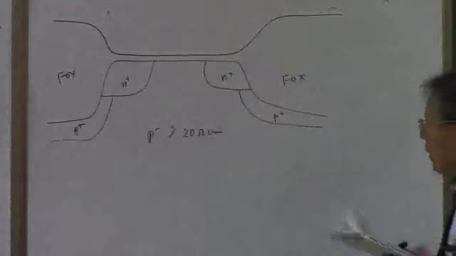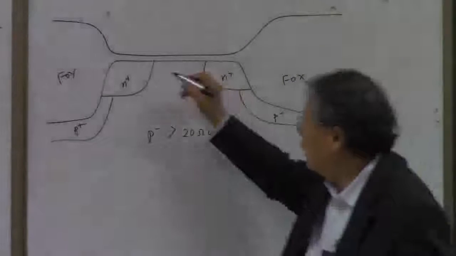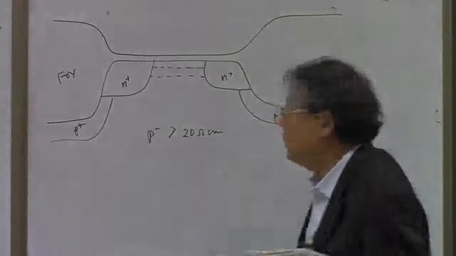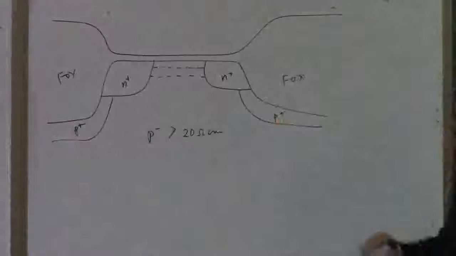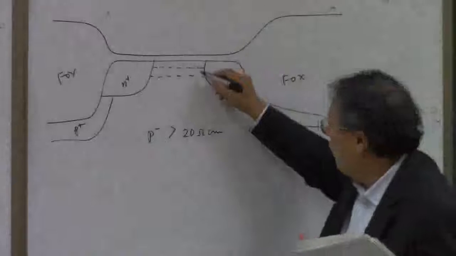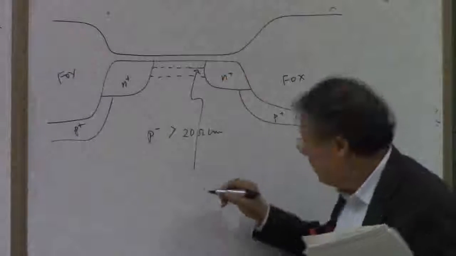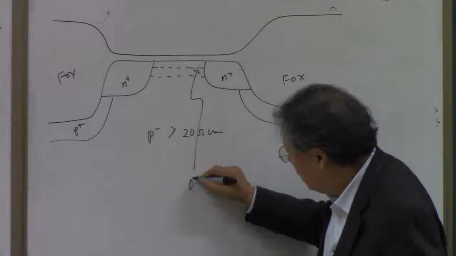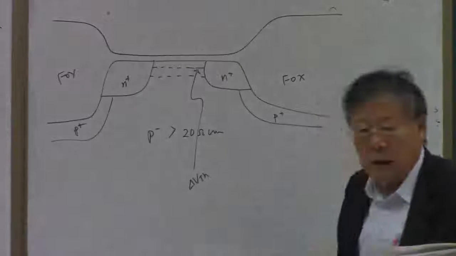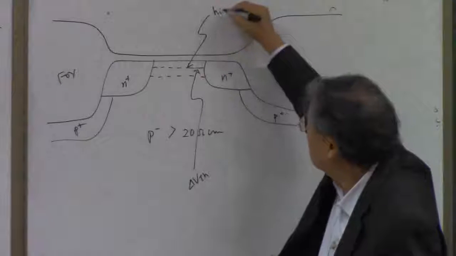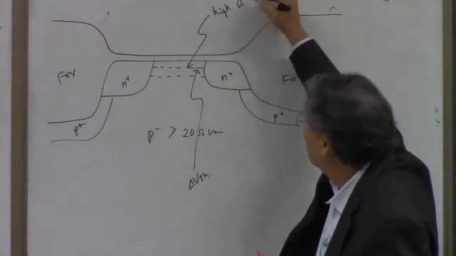Okay, and then now you have two kinds of compromise to be done, one is for the delta VTH minimization, and the other is the high resistive selection.